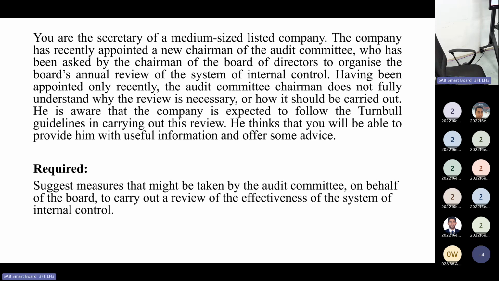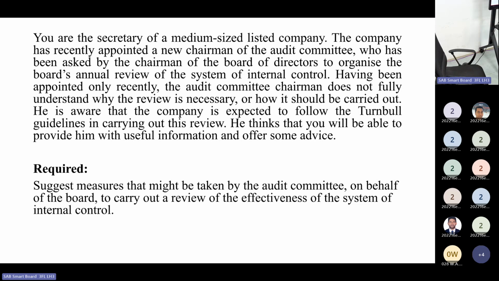Last one, let's finish it quickly. You are the secretary of a medium-sized listed company.